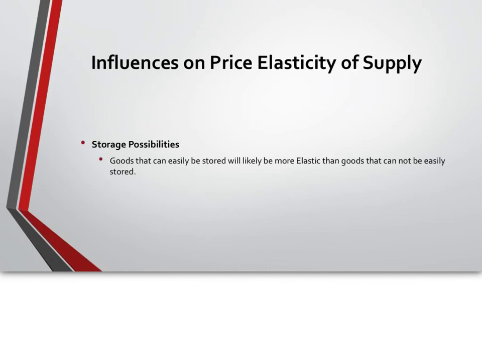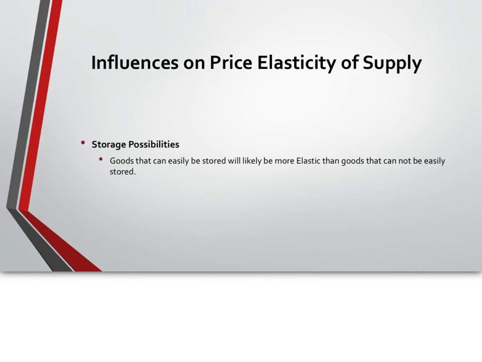Now, when I store them with a price cut, I can easily react to the drop in price, making my good elastic. And when that price goes back up, I can more readily hit the market with what I am willing to sell, without needing to make a short-term manufacturing decision.